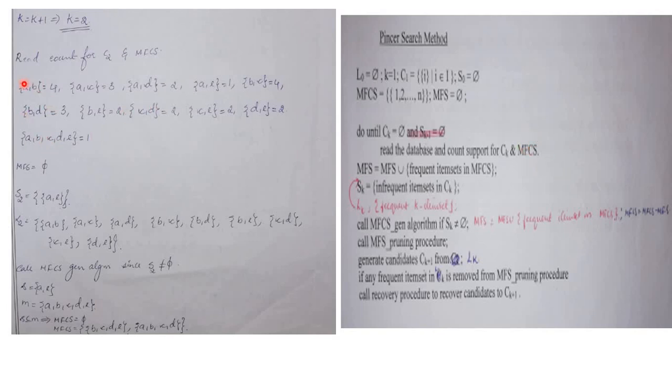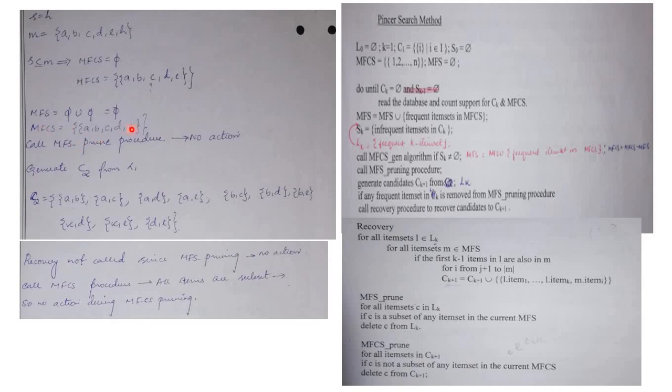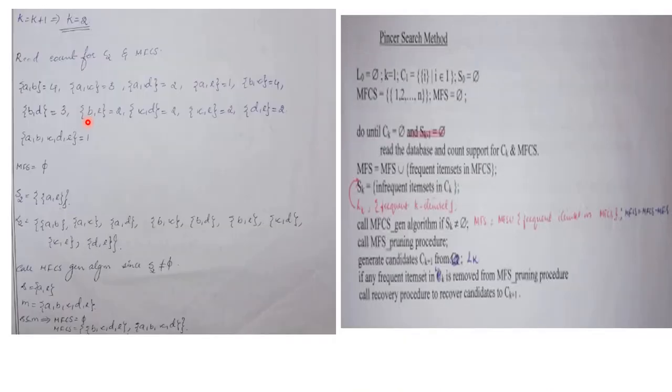Right now the counts for all the two item sets are given here, and the count for MFCS, that is ABCDE, the one which we got from the previous step, is 1. Now MFCS equals MFCS union frequent item sets in MFCS. My minimum support is 2, but the support of MFCS is 1, and hence it is not frequent.